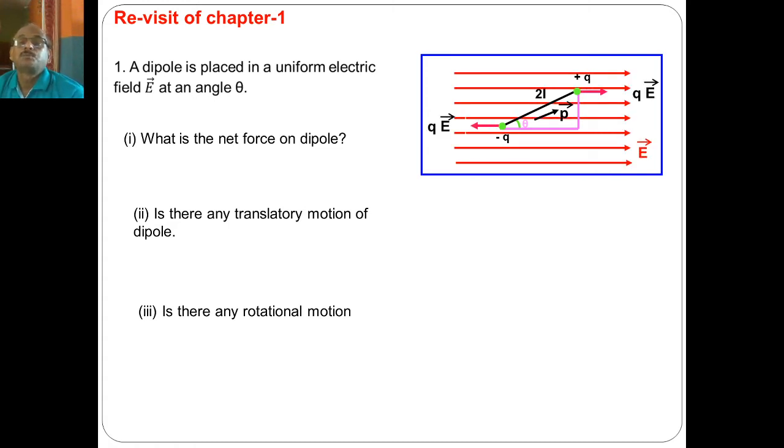So the force on the positive charge and the force on the negative charge are given. What is the net force on the dipole? Any one of you can answer. Yes, the net force on the dipole is 0 because these two forces are equal and opposite.